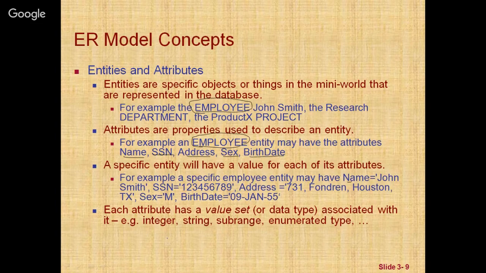So each attribute has a value set or a data type associated with it. For example, integer, string, subrange, enumerated data type, etc. So the attribute values that describe each entity become a major part of the data stored in the database.